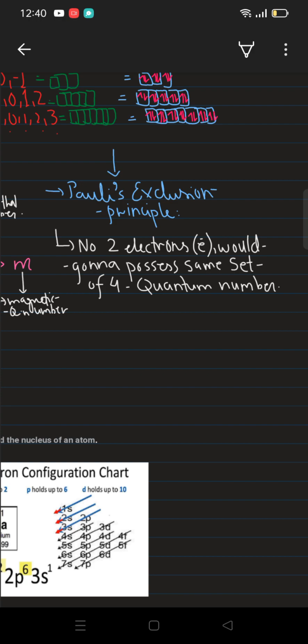If one electron is spinning clockwise, then another electron would be spinning anti-clockwise. Only because of the spin quantum number does their set of quantum numbers change. So that's why Pauli said that no two electrons possess the same four quantum numbers, which means their spin quantum number would always be different.